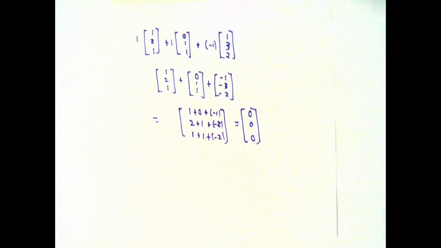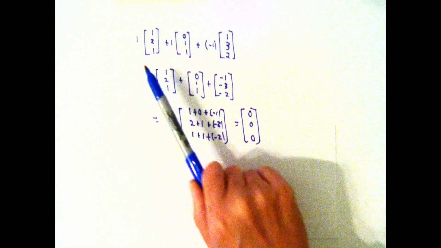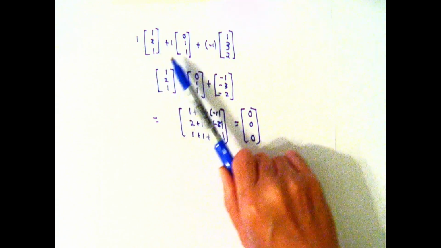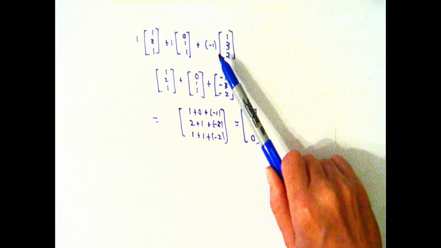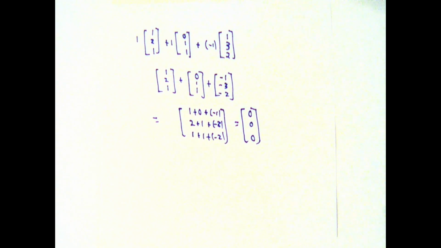A direct calculation shows that 1 times the first vector plus 1 times the second one plus -1 times the third one is, when the dust finally settles, the column of 3 zeros. These three vectors that we started off with form a linearly dependent set. They are not linearly independent.